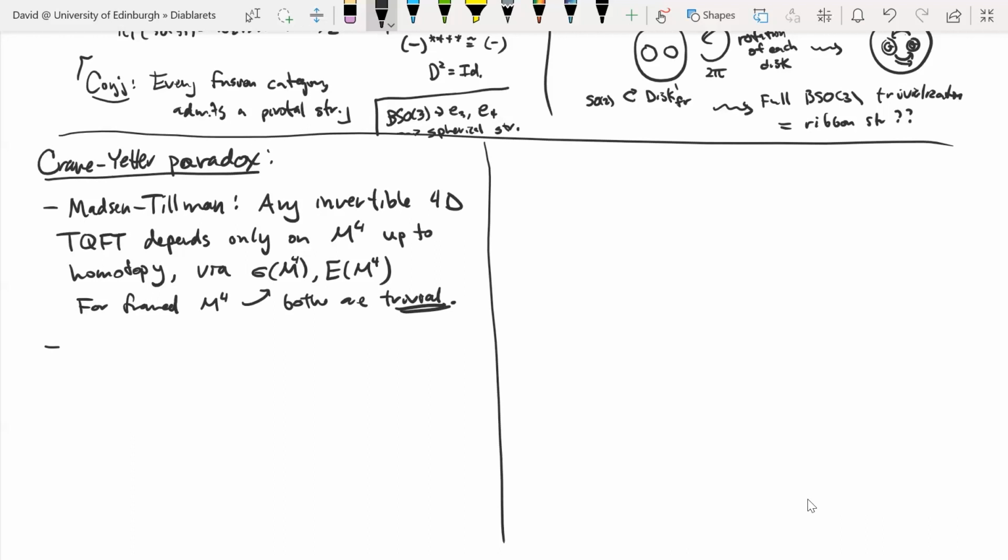However, let me assert there do exist non-trivial yet invertible 4D framed TFTs.